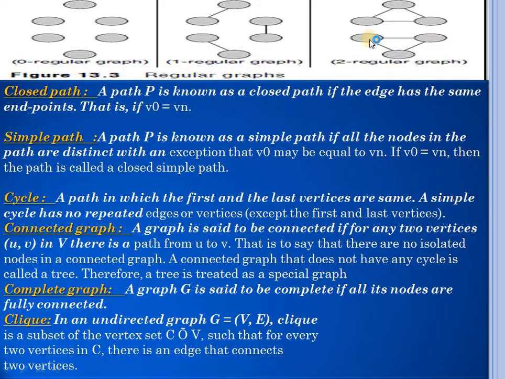Suppose we start from this, we reach this, then we get this edge, so we reach here, and finally the starting and ending are the same. Here is a closed path. And in a cycle the first and last vertex are the same. A simple cycle has no repeated edge or vertex except the first and the last.